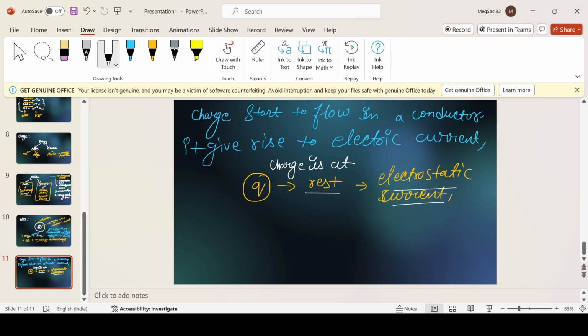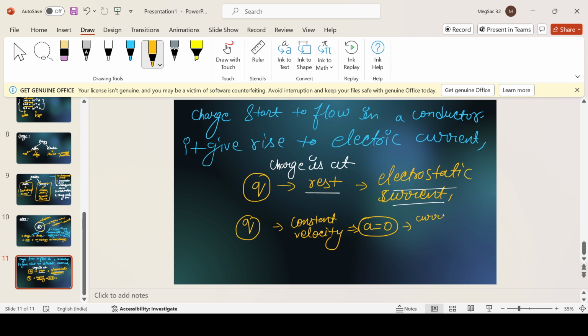Now when this charge q starts to move with constant velocity or speed, constant velocity means acceleration is zero, so it gives rise to the current electricity.